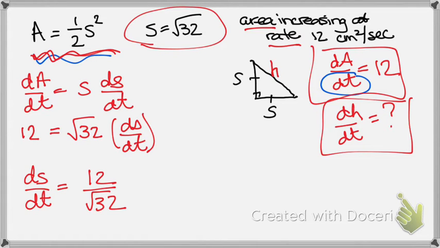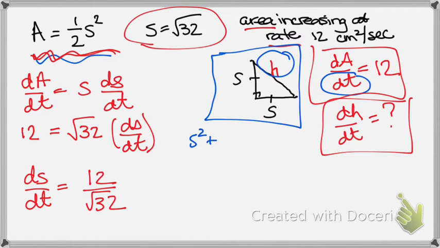What I want is dH/dt. I'm trying to find this. So basically we're going to need another equation here that relates those s's and h's. Well, can you see it? Pythagorean theorem. S squared plus S squared equals H squared. Well, that's 2S squared equals H squared.